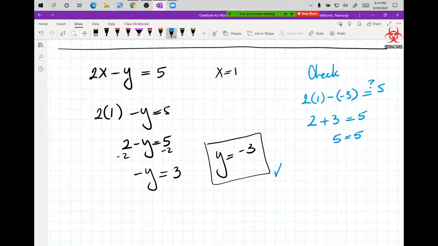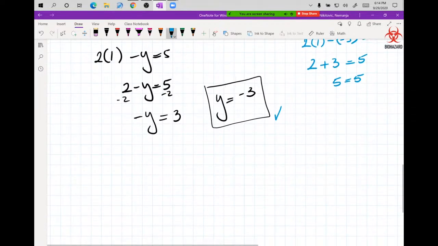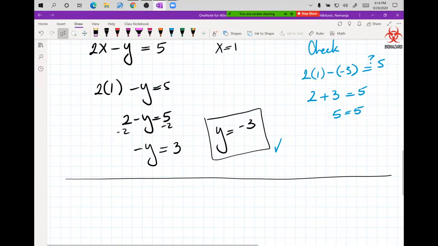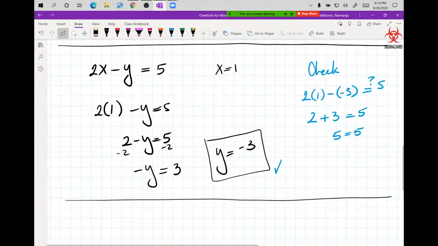Let's take a look at a table of solutions. But first, how did we get that to be a negative 3 from negative y equals 3? We divide by negative 1, the same way we did in chapter 2.